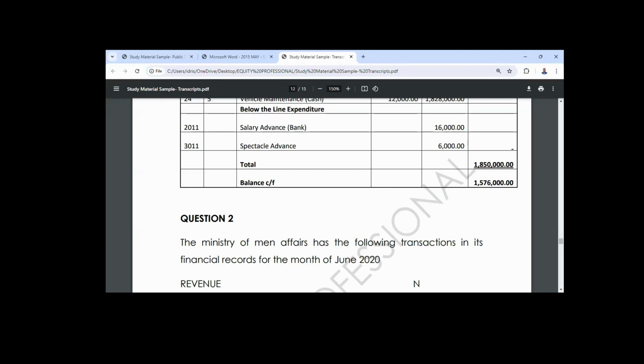Public sector accounting, in terms of syllabus, is broader than PM and broader than financial reporting. But the question they normally set is sometimes a simple question.